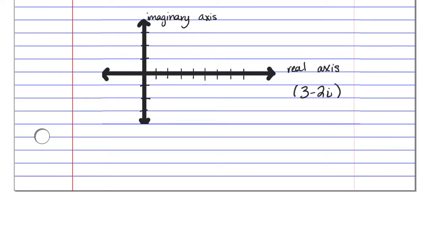If I plot that same point from the earlier example, I have a horizontal distance of 3 units from my real component. I have a vertical distance downwards 2 units from my imaginary component of my complex number. And my distance is a measurement from the origin. So my point lies right here, and the distance starts from the origin and goes directly to that point.